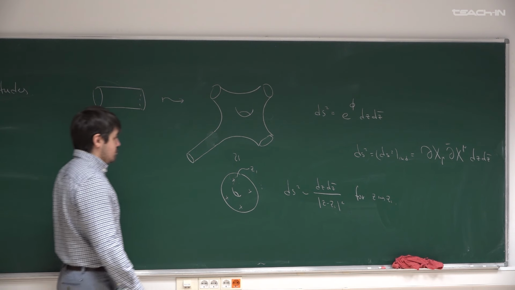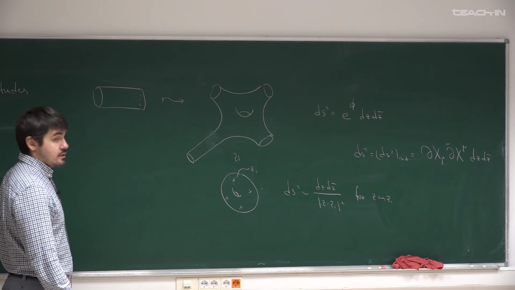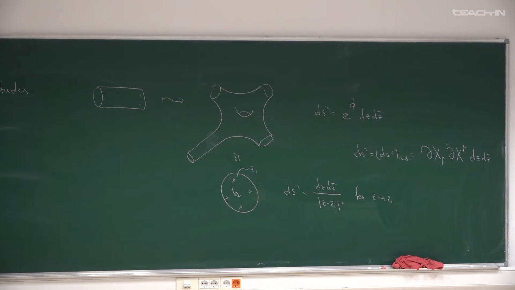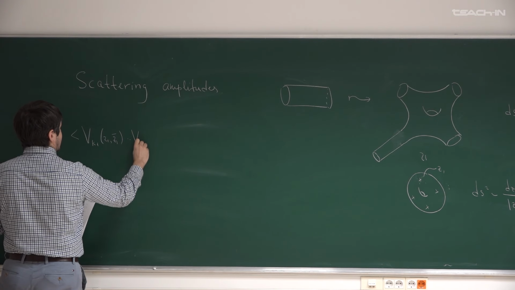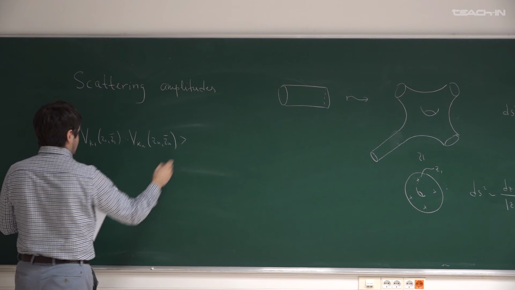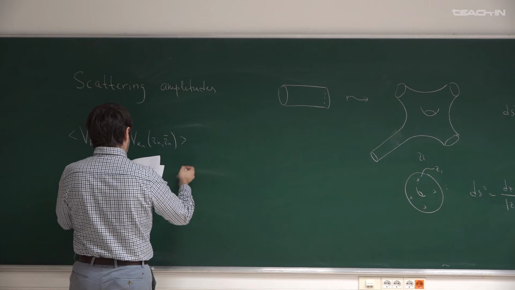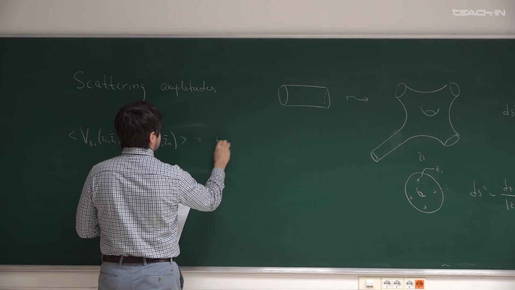And from the point of view of your theory, this looks like we're calculating some correlation function of several operators, which can be presented as a path integral.